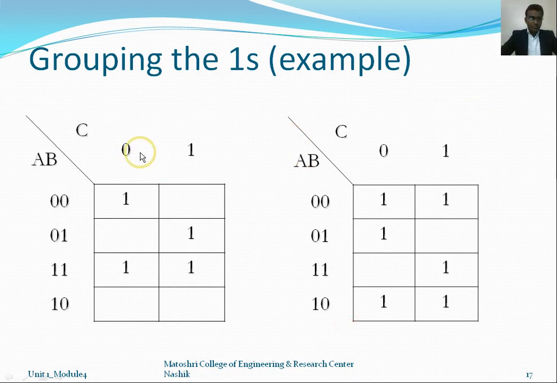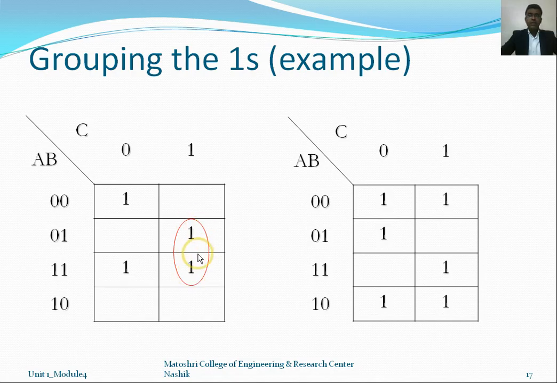grouping the ones. Here in this case, the mapping is already done, and we are going to group the ones in this first example. So we can clearly see these two cells containing ones are adjacent to each other. So that's why this is the first grouping we are making here.